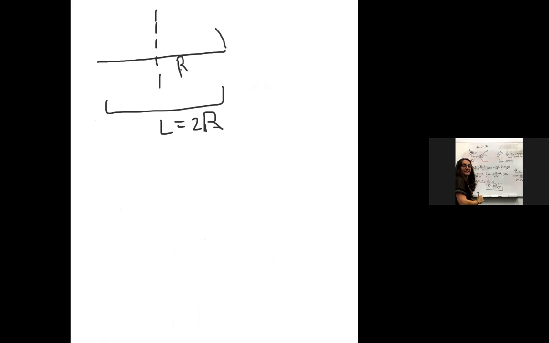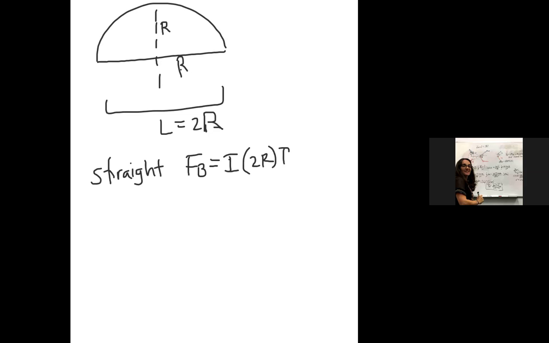Okay, so that when I come over here to do my arc, I also want to write that in terms of R. So for the straight portion, instead of writing it as L, I want to write it as 2R. So this gives me I times 2R times B, and again, in that positive K hat direction.